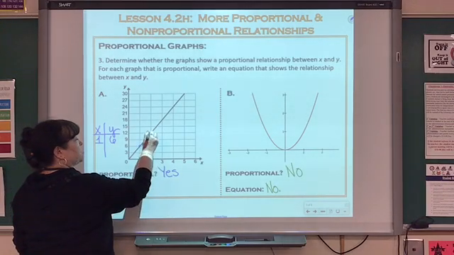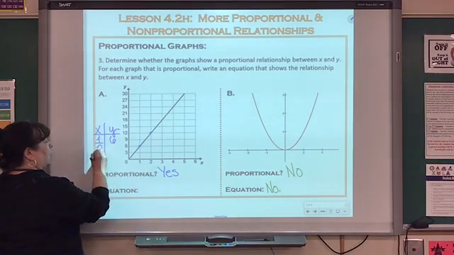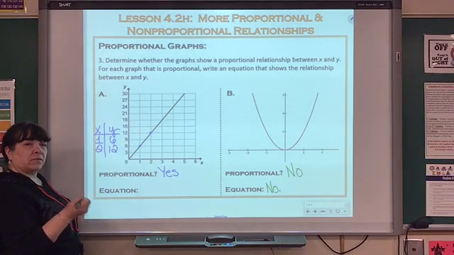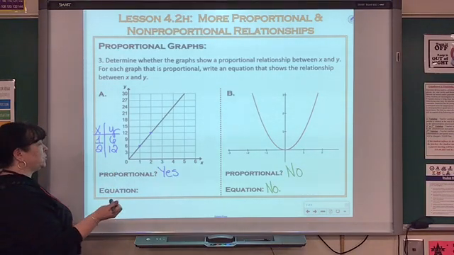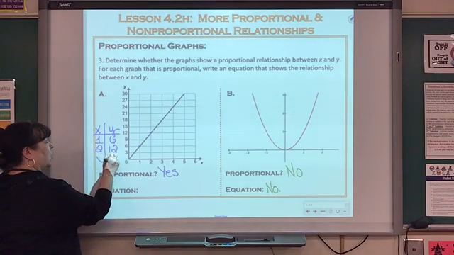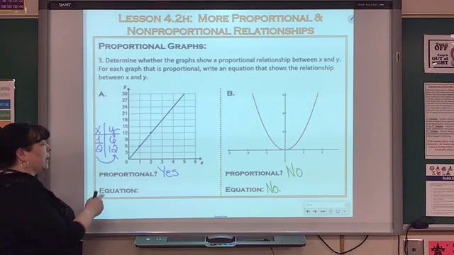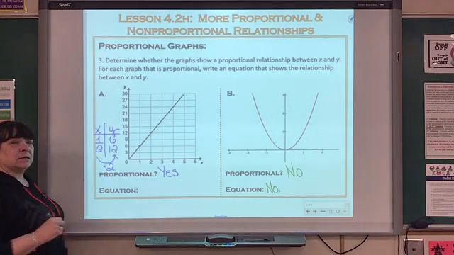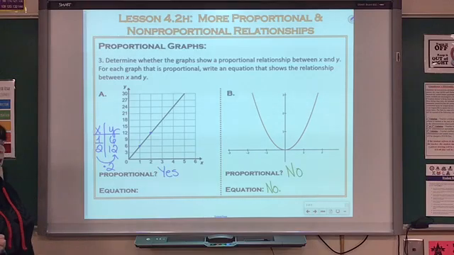When x was 2, y was 12. Oh, they have a multiplication relationship, meaning they have a constant of proportionality. That constant of proportionality is 2.